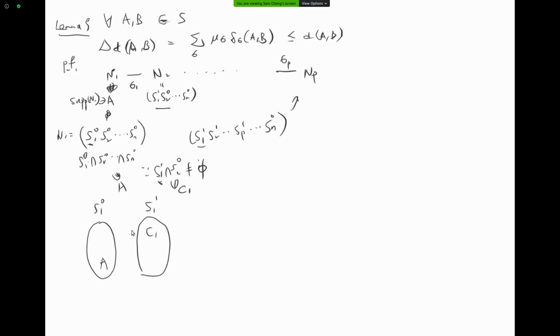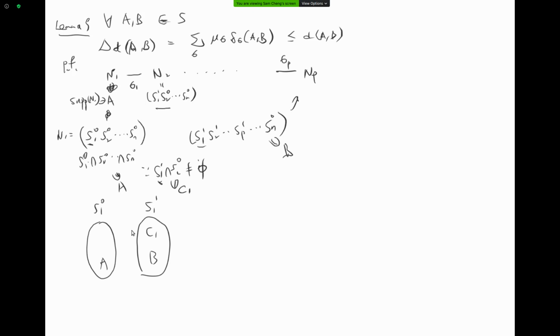B has to be in S11, because this node contains B at the end, so it is in the complement of S10. So B is on the other side, and B has to be contained in S11. Yeah, that's what I have here.